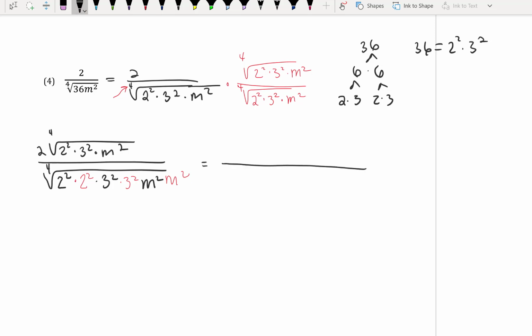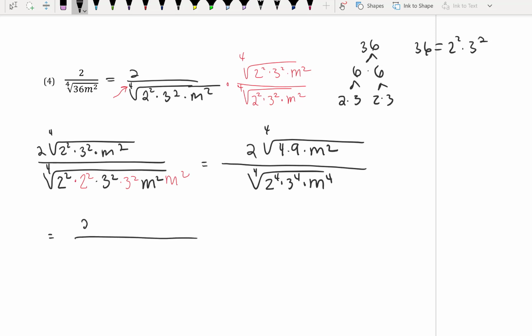And the whole reason I did this was so that I can cancel out some terms. So up in my numerator, I have my 4 times 9 times my m squared. Down at the bottom, I now have 2 to the fourth, 3 to the fourth, and m to the fourth. So I can simplify that.